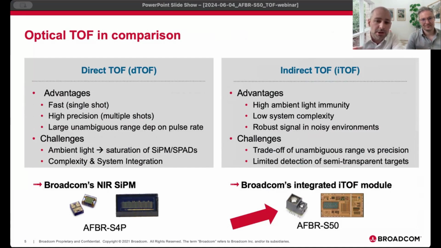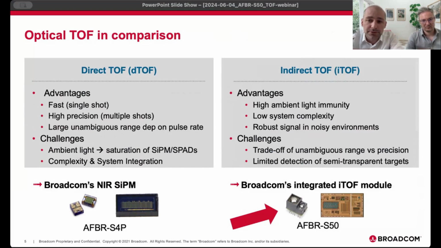So this is a challenge in the optical design for the customers. The overall system integration is complex because of the high-end electronics which is needed for the laser drivers and also the photodetectors.